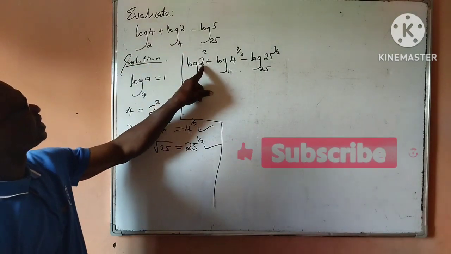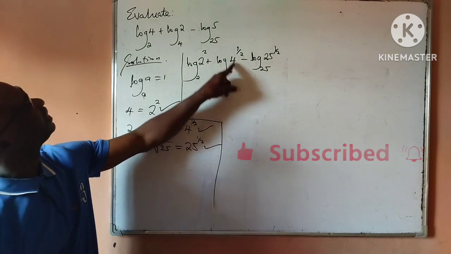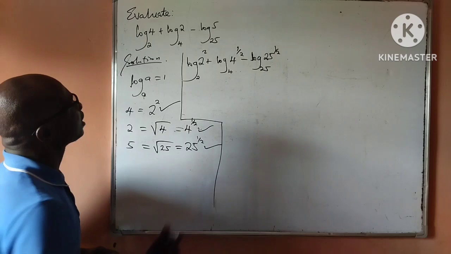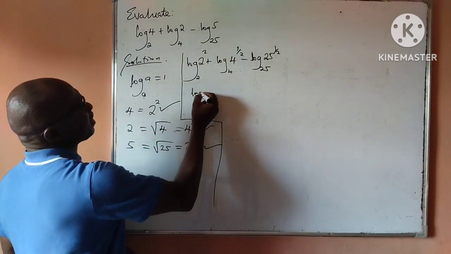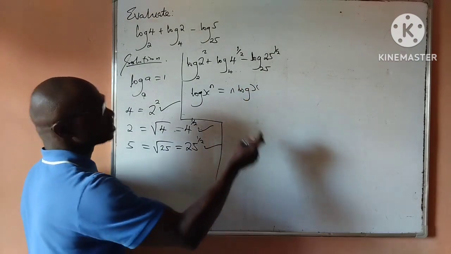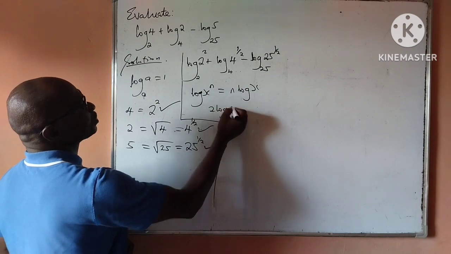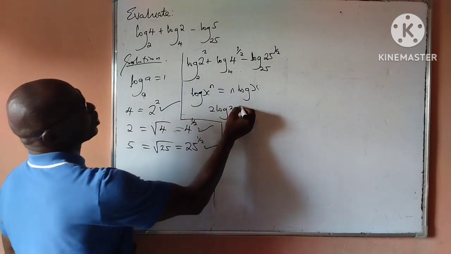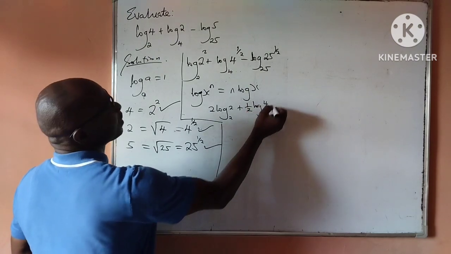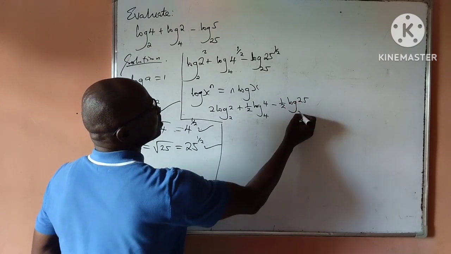It is 4, but it is now 2. I want this 2 to be 4. I have achieved that. And I want this 5 to be 25. That is now achieved. Applying the law of logarithm that says that the log of x raised to the power n is equal to n times the log of x, that is what I will apply here. So this will now be written as 2 log 2 base 2 plus half log 4 base 4 minus half log 25 base 25.